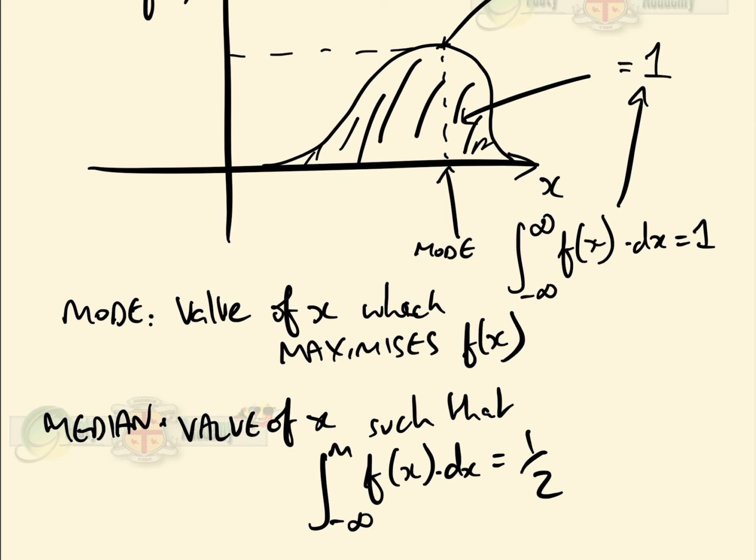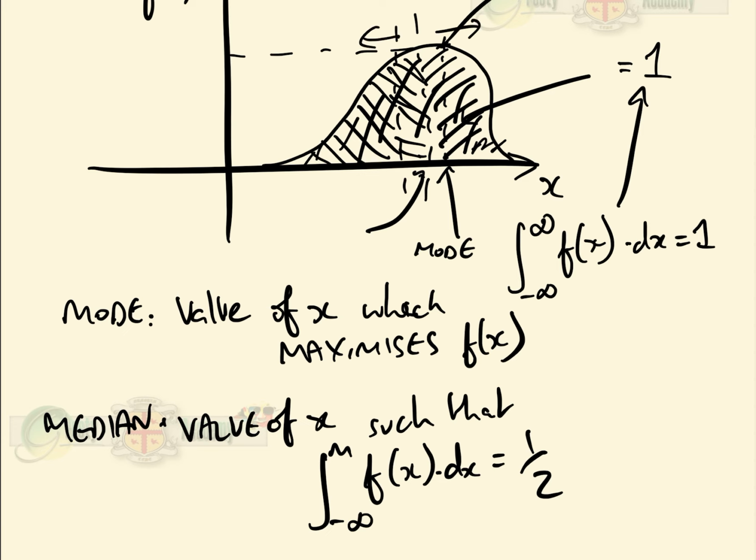What that means is we need to find the point at which the area on the left is exactly the same as the area on the right, probably nearer to here than I've drawn it. If we split the left area and the right area, they're both a half, because remember the total area has got to be equal to 1 by definition of the probability density function. That is the median.